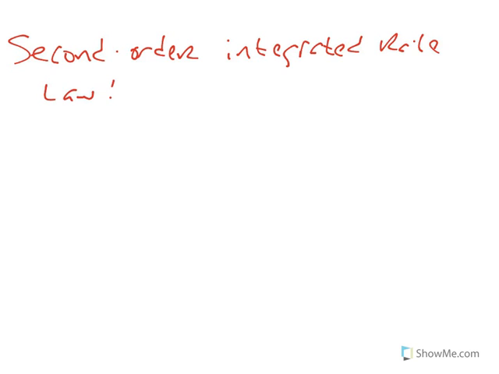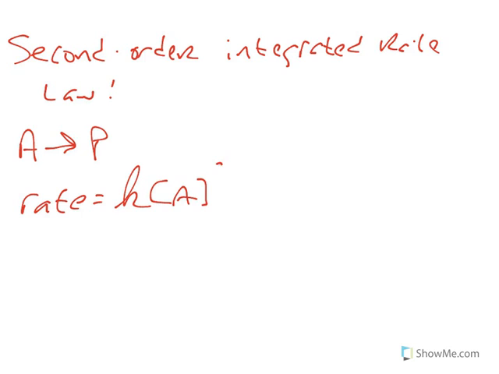So again, we're going to go A to P. And we know that the rate of a second order reaction would have this rate law. How did I get to that rate law? I know it's second order, and if it's second order, that means we get an exponent of 2 here. A rate law is always k, and then you work through the reactants and make sure you get their orders in with the correct exponents.